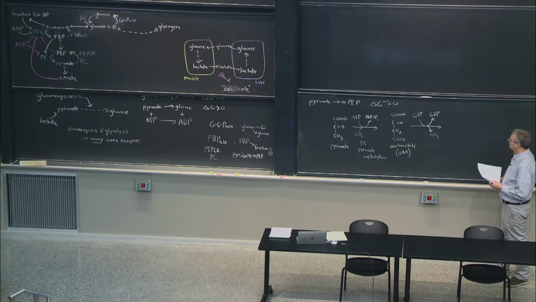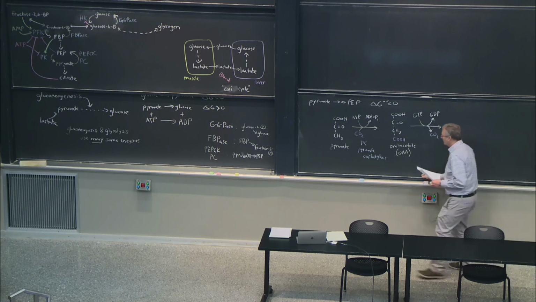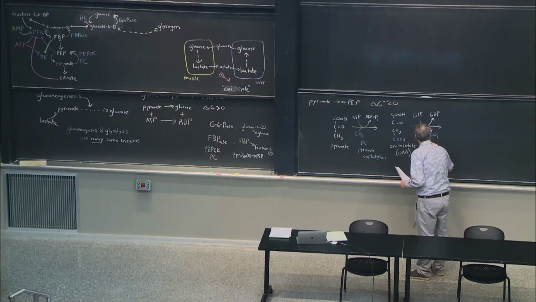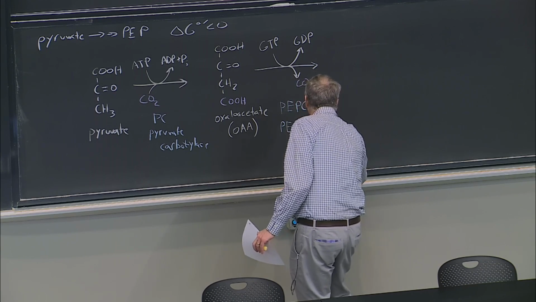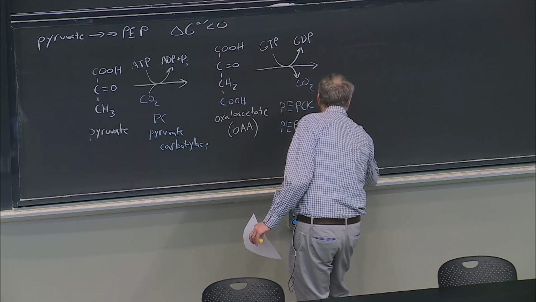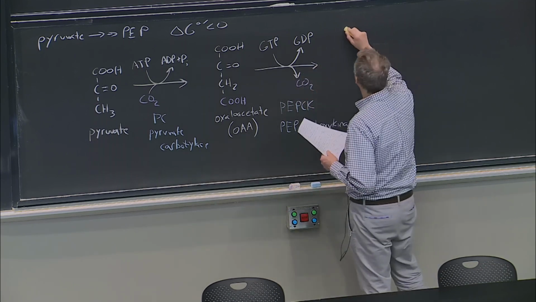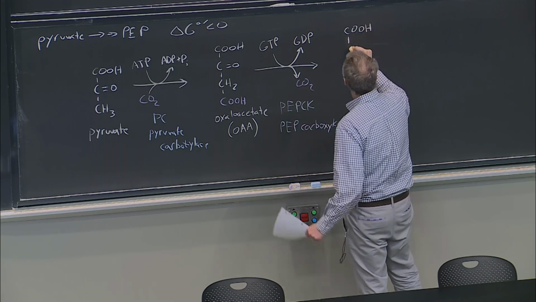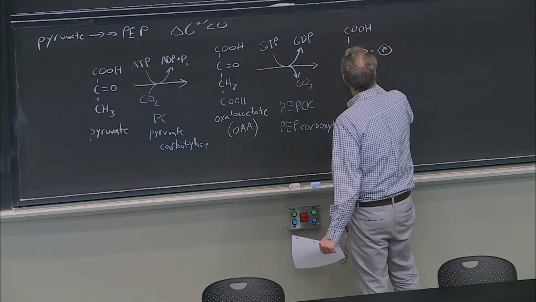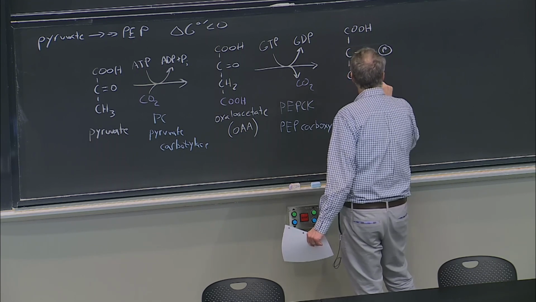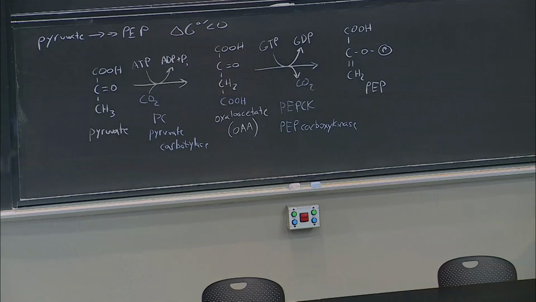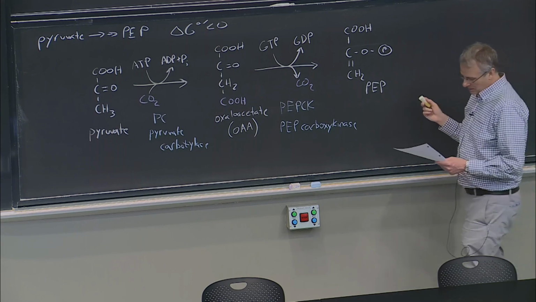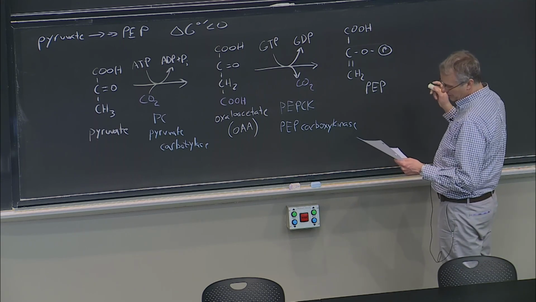This reaction is coupled to GTP and is catalyzed by this enzyme, PEPCK, or PEP carboxykinase, and uses that phosphate from GTP to trap pyruvate in the enol form as PEP, or phosphoenolpyruvate. Great.